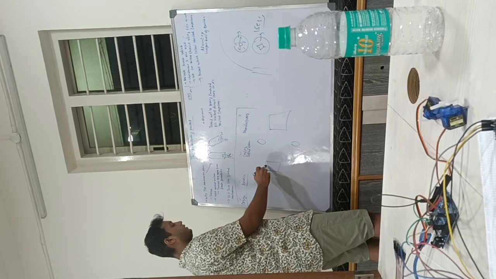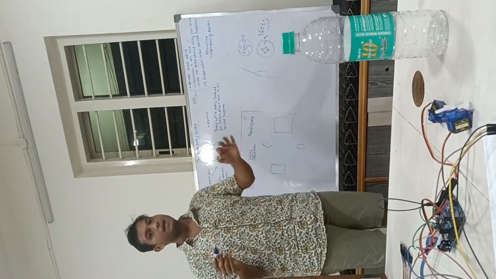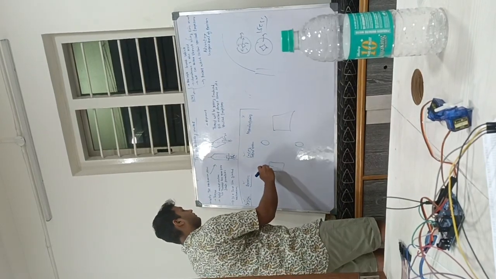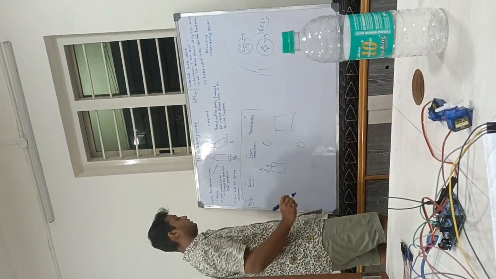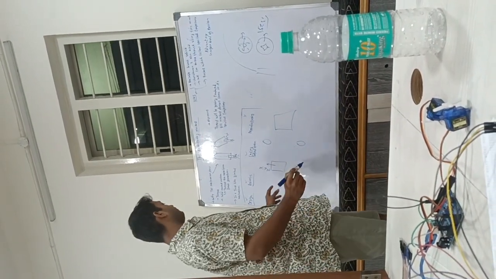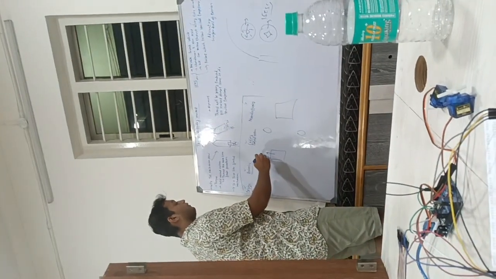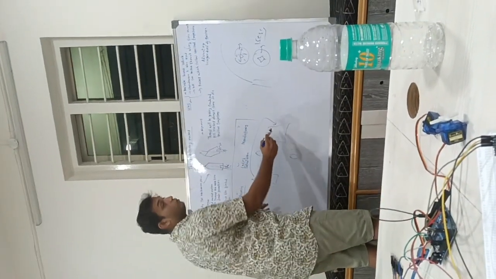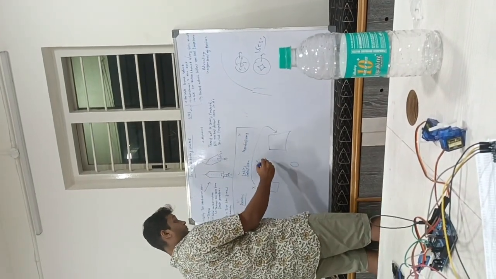This MPU 6050 will read the data in the X, Y, and Z directions. Then MPU will transfer the data to the Arduino Uno.